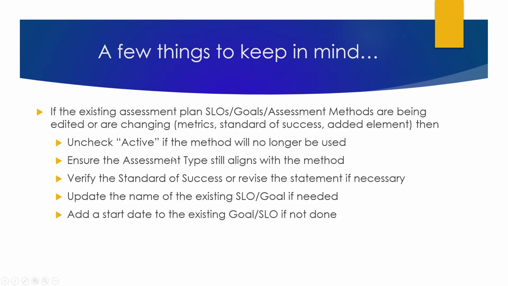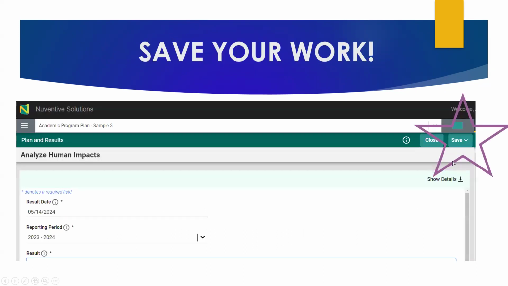Ensure your assessment type still aligns with that method if you're changing the assessment type. Verify your standard of success, update the name of the existing SLO or goal, add dates if necessary, just those things as you're going through and cleaning them up, making sure everything is up to date and reflecting what is occurring.